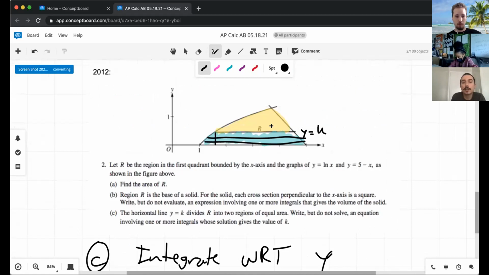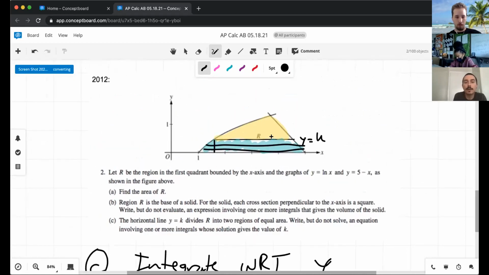Yeah, so now we're looking at y's. If we're looking at y's, you can imagine shifting your focus a little bit, maybe rotating this. I don't know if that helps. But the area between these two curves, we take the top one minus the bottom one. So this one's greater than this one in our x's.